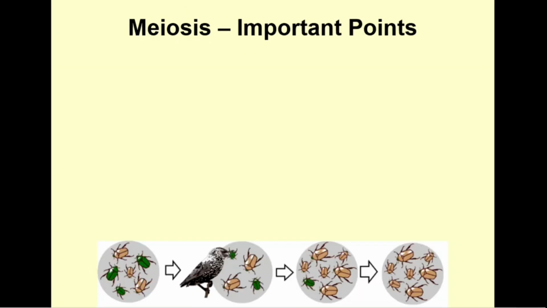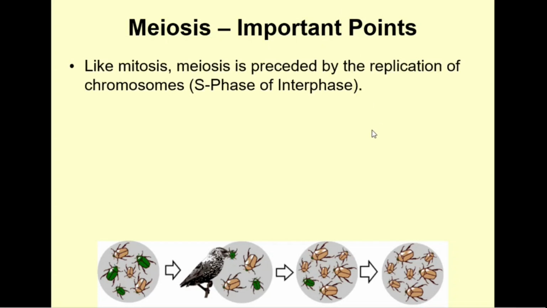Okay, so let's focus on those important points. To begin meiosis, we go through interphase, just like we saw at the beginning of mitosis. We start off meiosis with cells called germline cells, and they go through interphase, so G1, and then S. During the S stage of interphase, the DNA, the chromosomes, will be replicated, so at the end of that, each chromosome will consist of two sister chromatids.